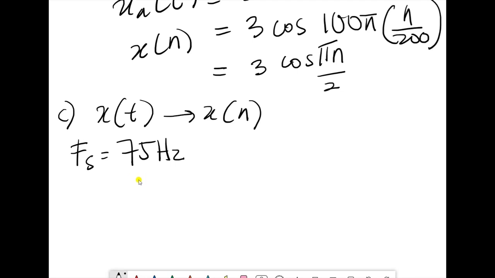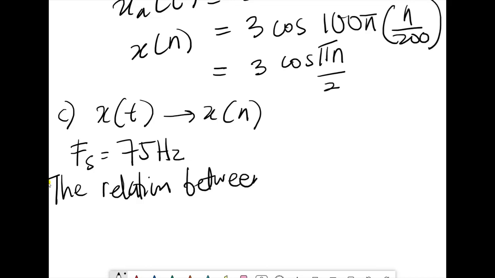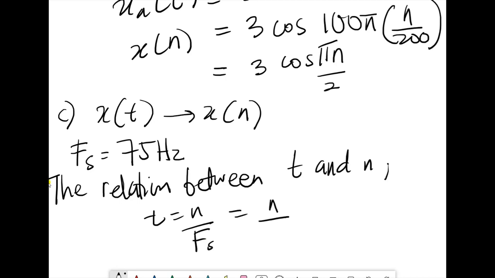So therefore we expect aliasing. All right. So the same thing that we need to do, we have to write this properly. All your answers should be written properly. The relation between t and n is given by t equals n over Fs equals n over 75.